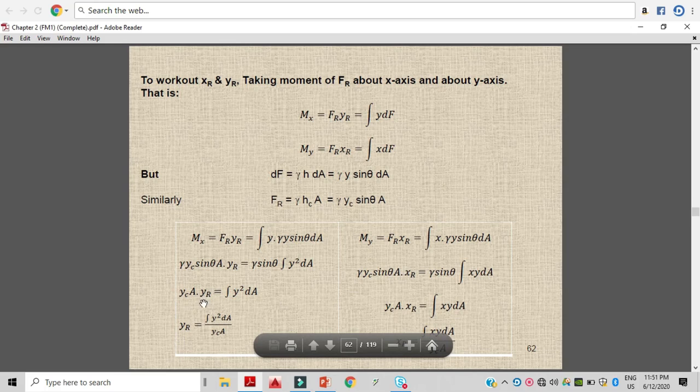Our objective is to determine yR and xR, so we separated them from other factors, so yR becomes integration of y square dA over yc A, and xR is equal to integration of xy dA over yc A. So the factors integration of y square dA and integration of xy dA have a special value. So let's move on.